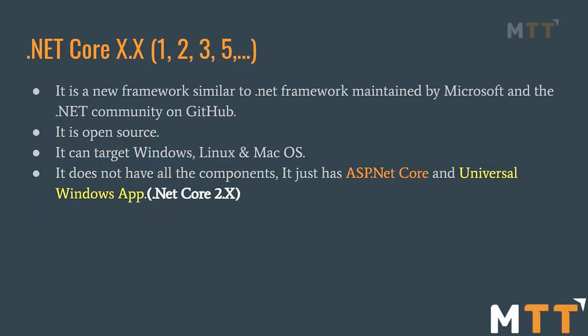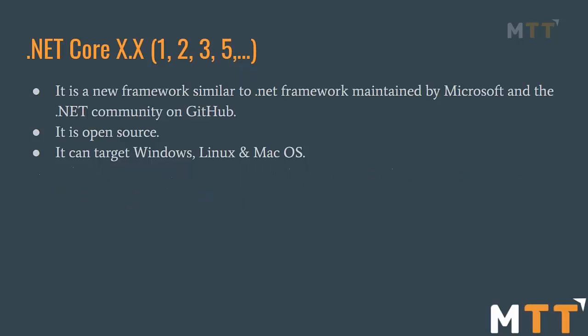And in your earlier versions, that means .NET Core 2.0, 2.1, you do not have all the components like Windows Forms. You never had Windows Forms there. You just had ASP.NET Core and some Universal Windows app.